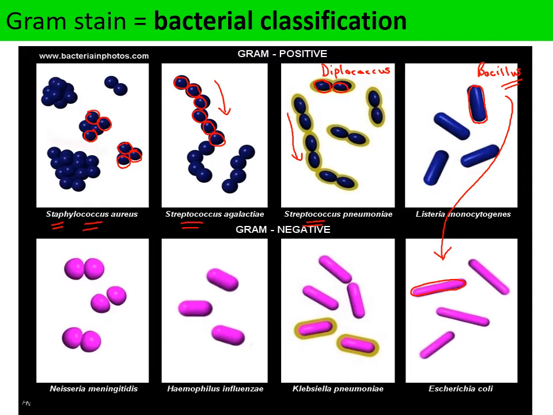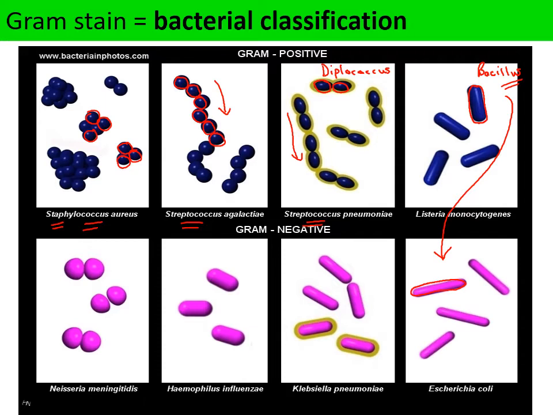Now, if we look at the two sets of pictures, so we can see on the top we've got dark blue cells, and on the bottom we've got pink cells or reddish pink cells. Now, we know bacteria do not appear blue or purple or pink, but this is actually after the gram stain.